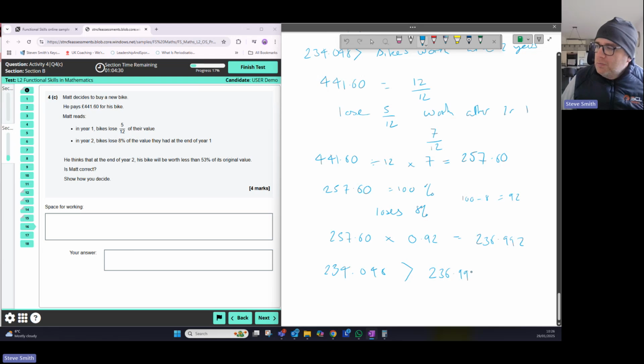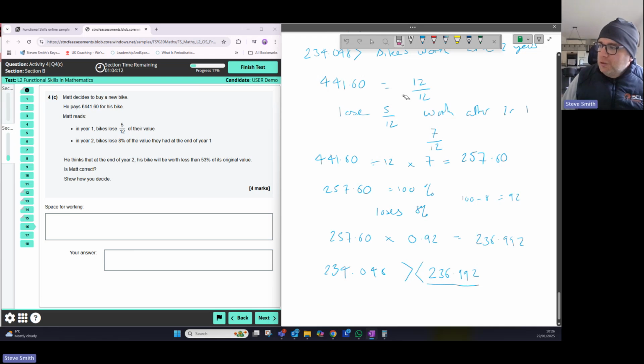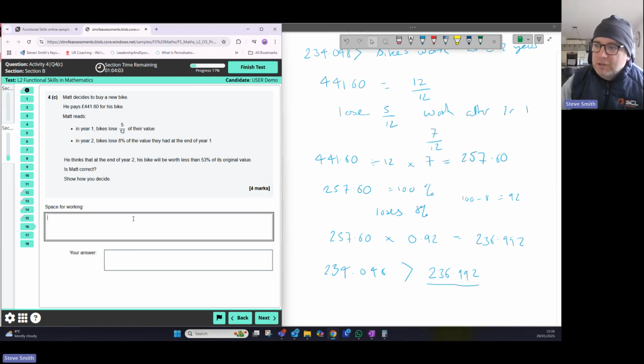So we put those two numbers in the greater than and smaller than, and you can see that he's not correct, because the number that he thought it was going to be worth is actually smaller than the number it is worth. So when we've done it with the greater than, it's actually worth a little bit more, £2 more. But £2 is £2.